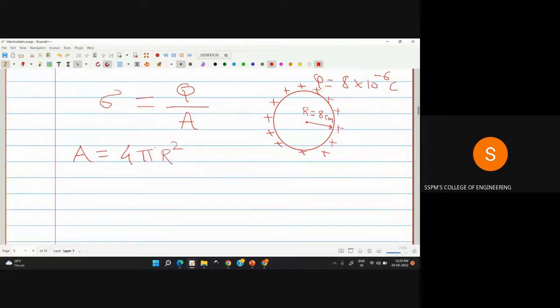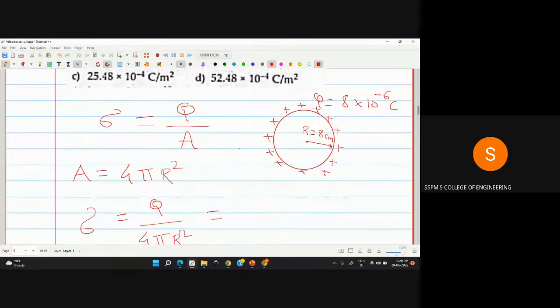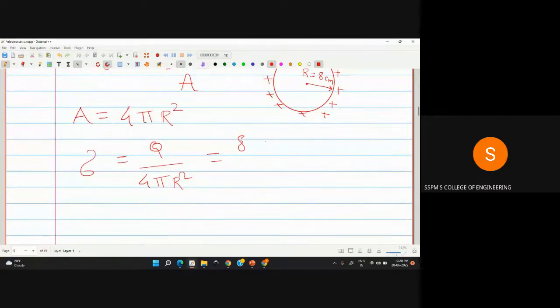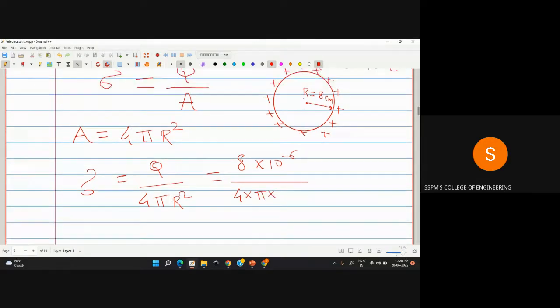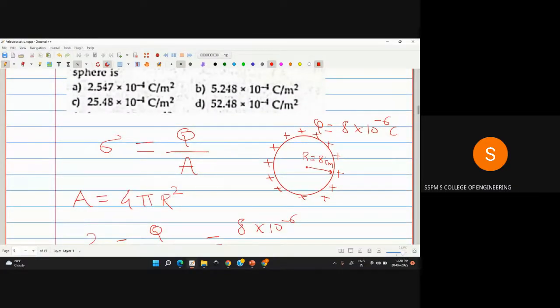So surface charge density sigma is equal to Q divided by 4 pi r square. So the charge is given. What is the value of charge? 8 microcoulomb. 8 into 10 to the power minus 6 divided by 4 into pi into r square. R is 5 centimeter, not 8 centimeter.